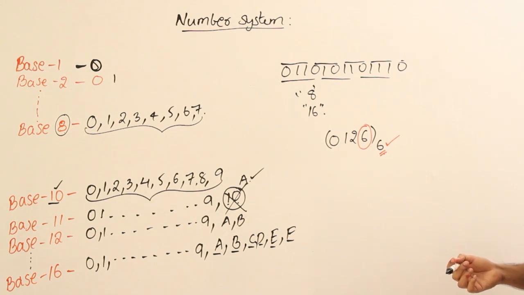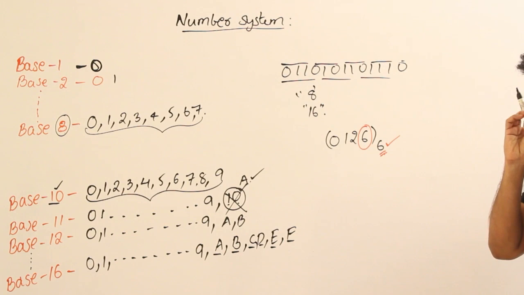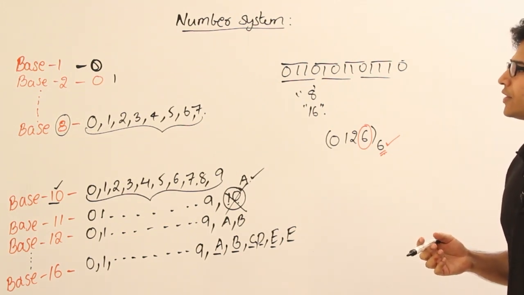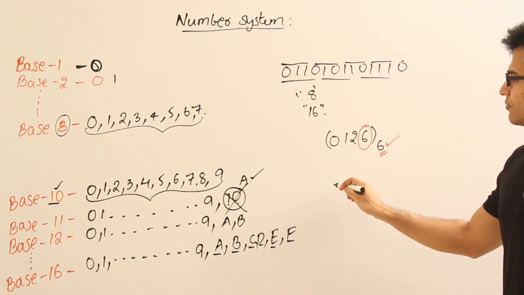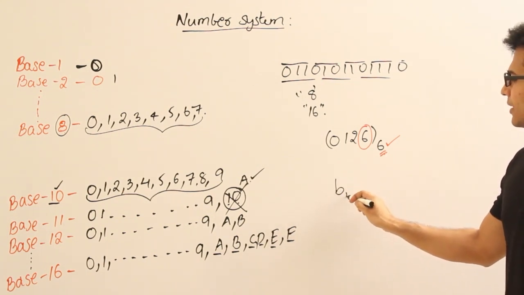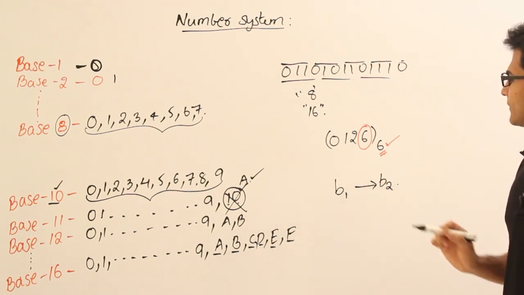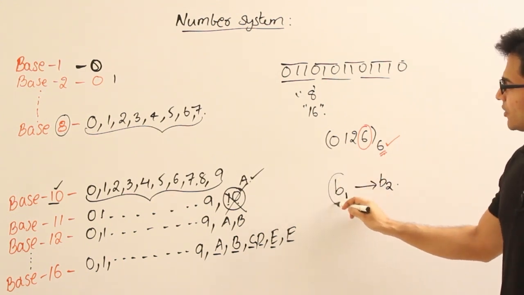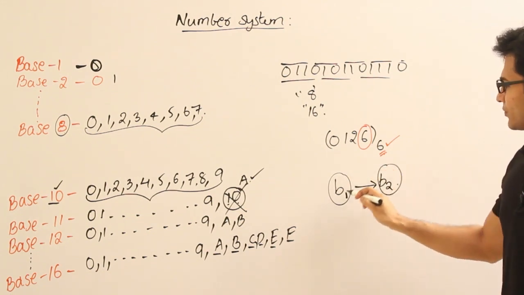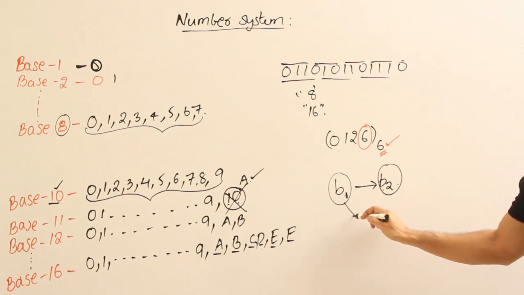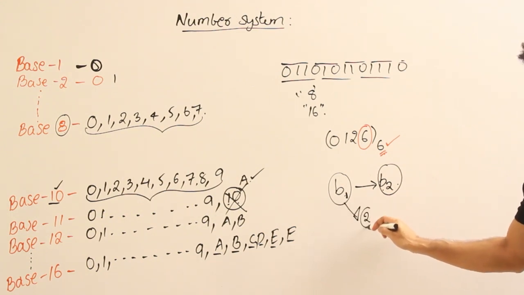Now, the various problems which are possible on this: they'll ask us to change the number system from one number system to another. For example, if the base of a number system is B1, they'll ask you to convert it to B2. If B1 and B2 are powers of 2, then I suggest that you convert them to binary, base 2, and then convert to the other.